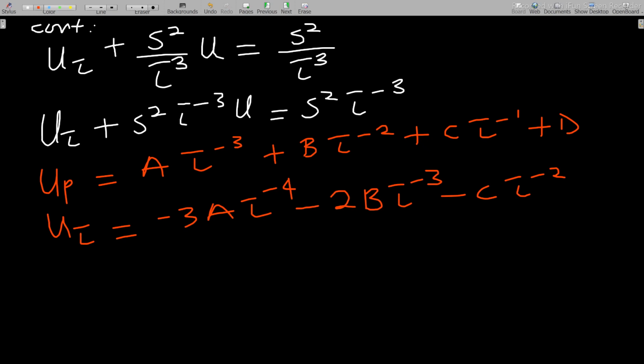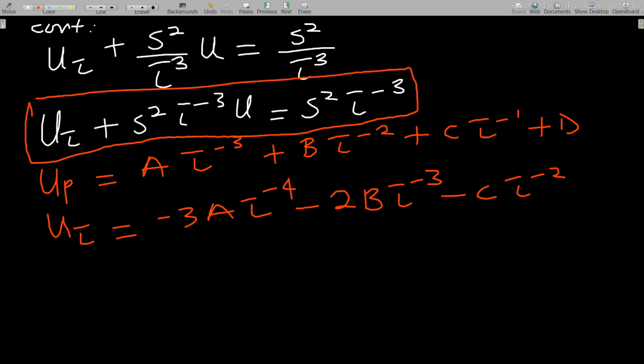All that I do is put this u_tau and u_p in place of u_tau and u in this equation. Wherever I see u_tau, I put u_tau there. Whenever I see u, I put u_p, because that is the solution I'm suggesting for this equation.